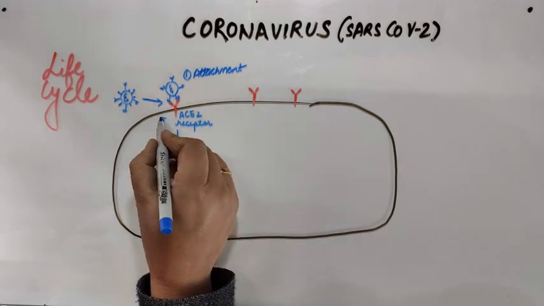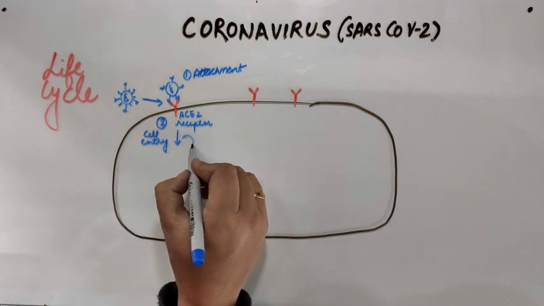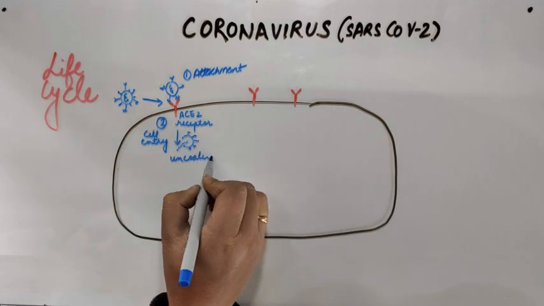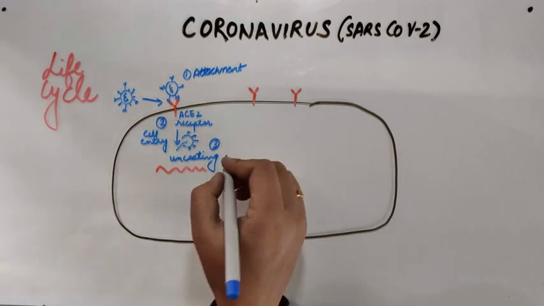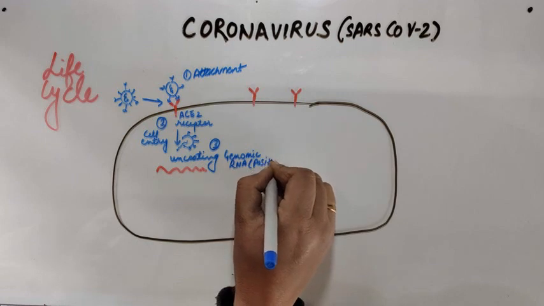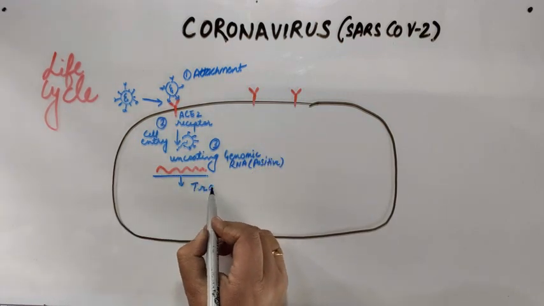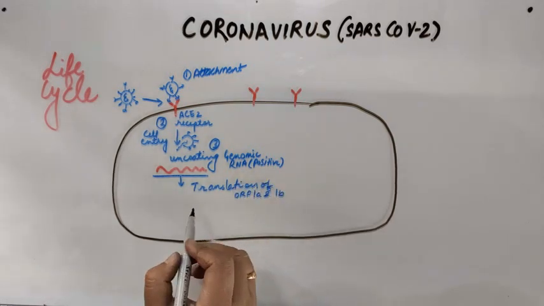Now, the protease of the host cell cleaves and activates the receptor attached to the spike proteins and allows the viral entry through the process of endocytosis. On entry, there is uncoating and the viral genome enters the cell cytoplasm. Now, the coronavirus RNA attaches to the ribosome of the host cell for translation.